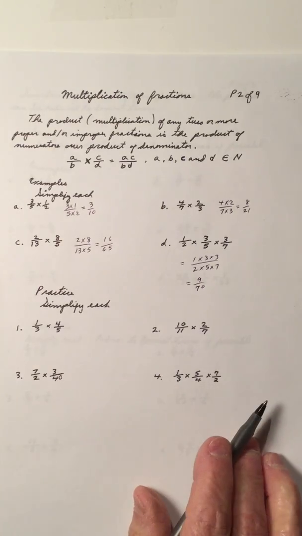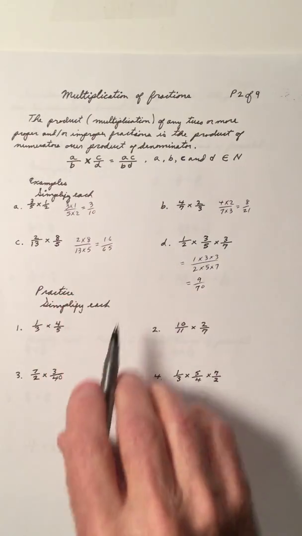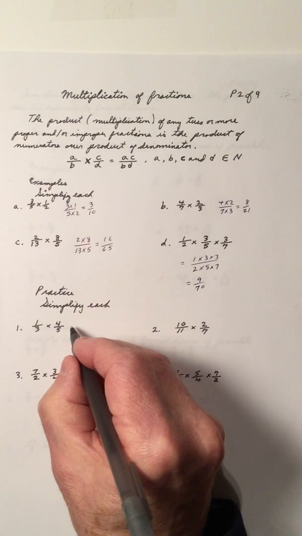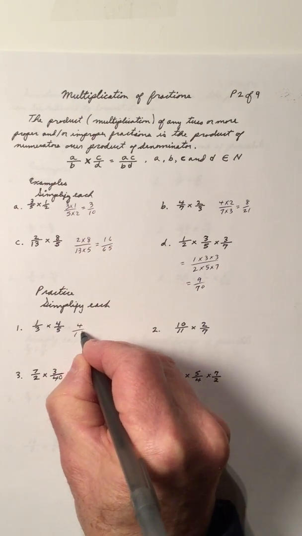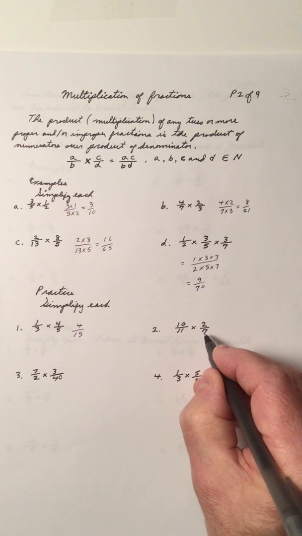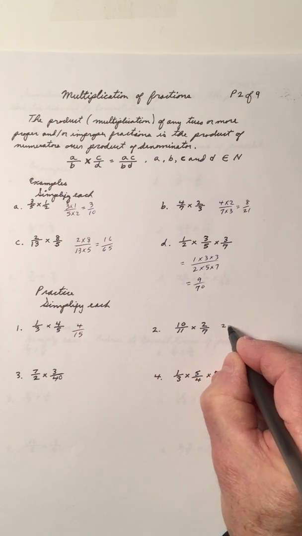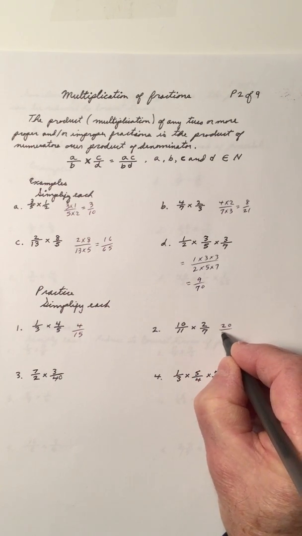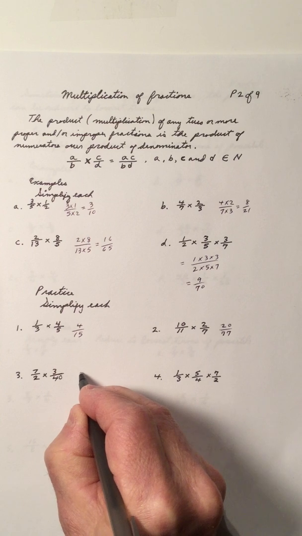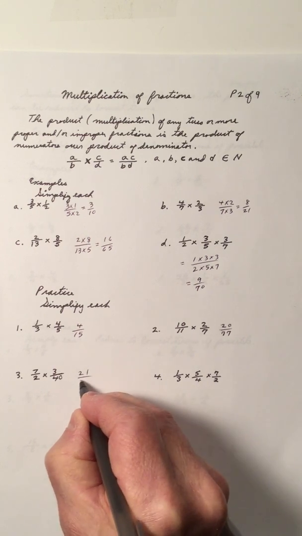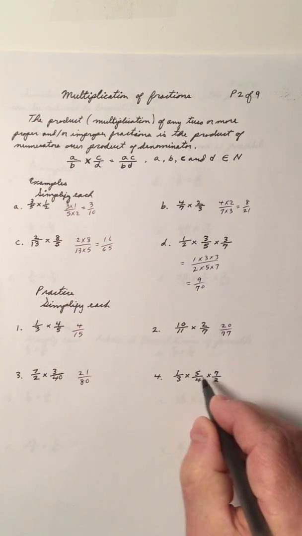Practice, see if you get these right. Now you don't have to write them out like I do, but 1 times 4 is 4, 3 times 5 is 15, 10 times 2 is 20, 11 times 7 is 77, 3 times 7 or 7 times 3 is 21, 2 times 40 is 80.